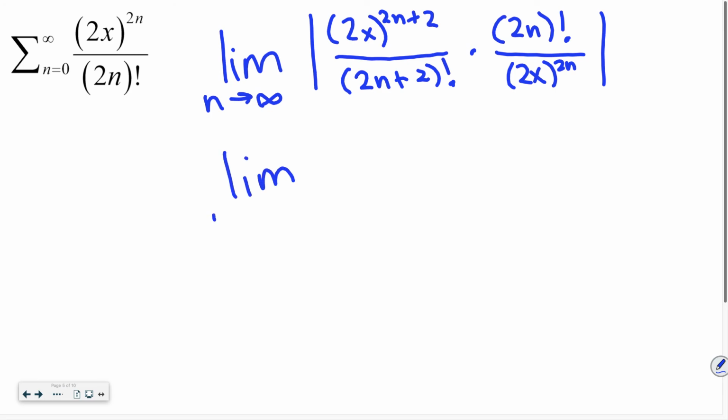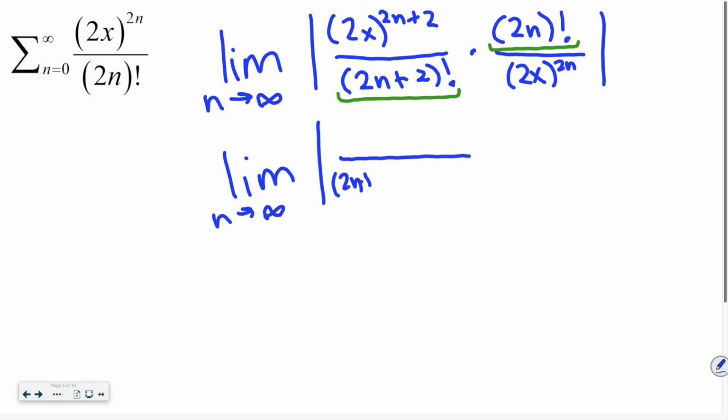So what's going to happen? First of all, let's talk about simplifying this right here. 2n plus 2 factorial would be 2n plus 2 times 2n plus 1 times 2n factorial.